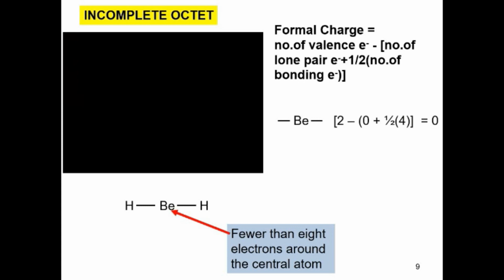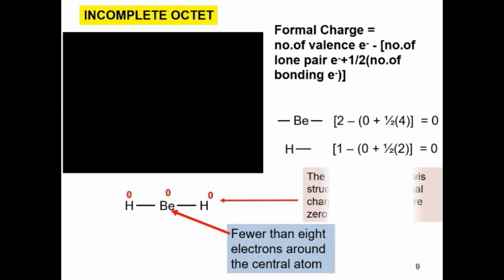Beryllium has formal charge 0. Hydrogen also got 0. Therefore, this structure is the most plausible Lewis structure because formal charges on all atoms are 0.